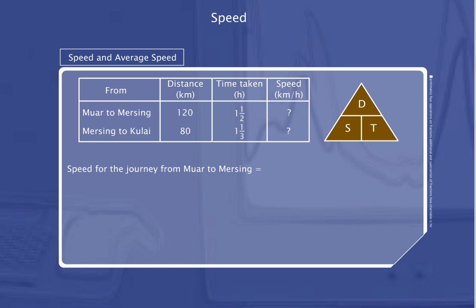Speed for the journey from Moir to Mersing equals 120 divided by 1.5 kilometers per hour, equals 120 times 2/3 kilometers per hour, equals 80 kilometers per hour. The speed for the journey from Moir to Mersing is 80 kilometers per hour.